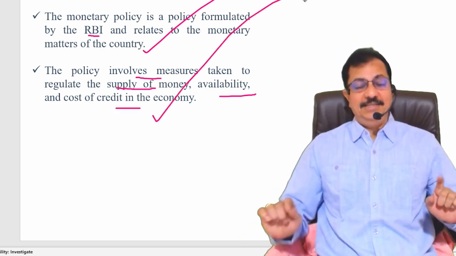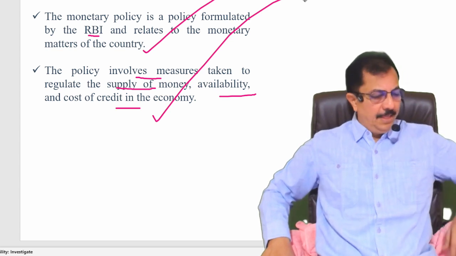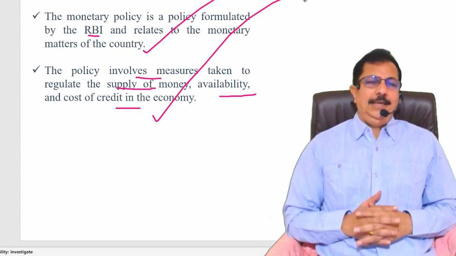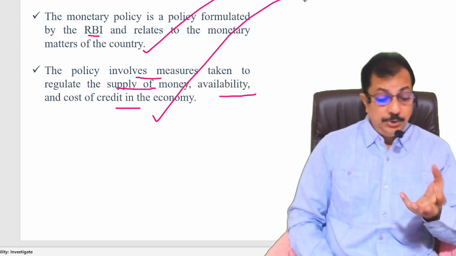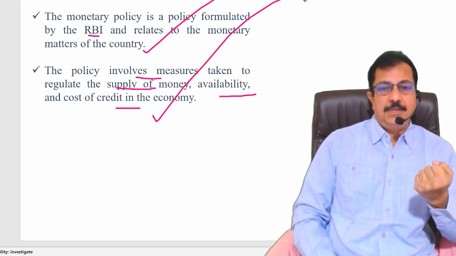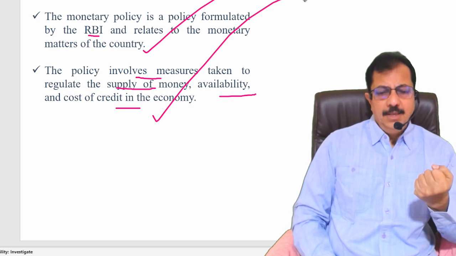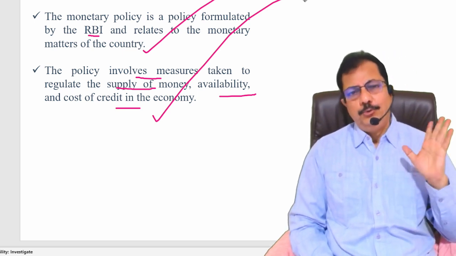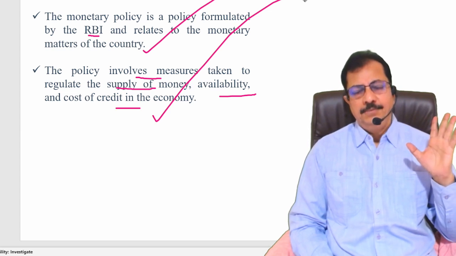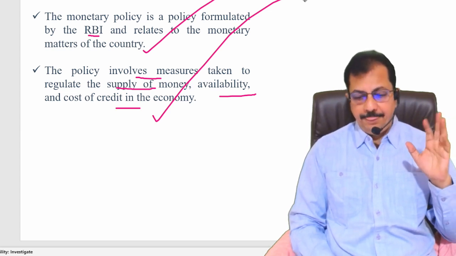Is that okay? That is the reason why the most beautiful thing with respect to any subject, my dear friends, let me tell you, once you have the command over the concepts, it will become very easy for you to answer any question. Am I clear?